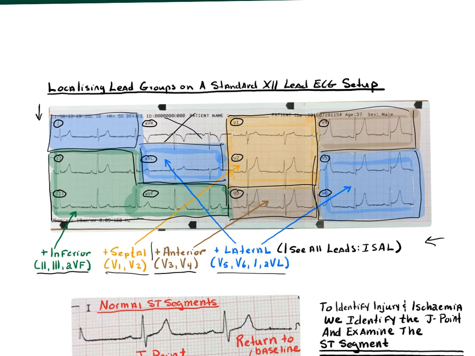So this is just an amazing thing to me, that we're actually looking at all of the major surfaces of the heart, at least the anterior part of the heart, by the 12 lead. Like, oh, the right side of the heart is on the left side of the 12 lead. So this area in green here is the right side of the heart. And then this area in orange and brown is looking at the left front of the heart. And then this area in blue is looking at the left side of the heart.